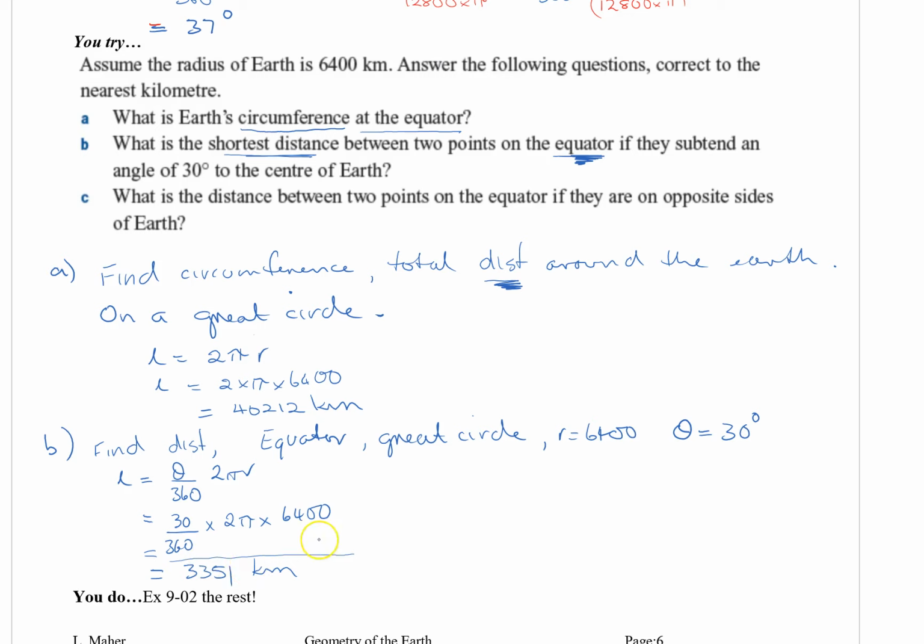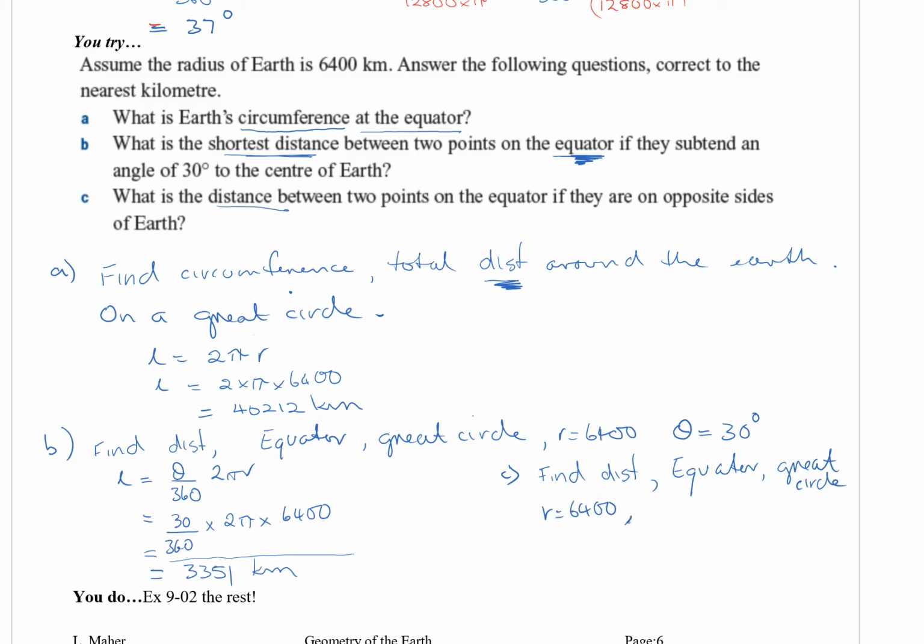C, what is the distance? So again, find distance. So I'll probably be using my L equals theta on 360 times 2 pi r. Between 2 points on the equator again, equator, great circle, what other things do we know? Great circle, r is the 6,400.